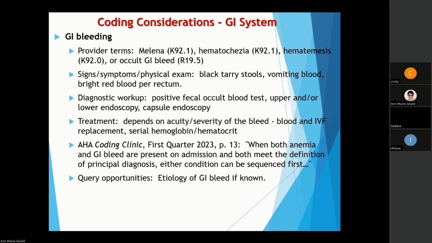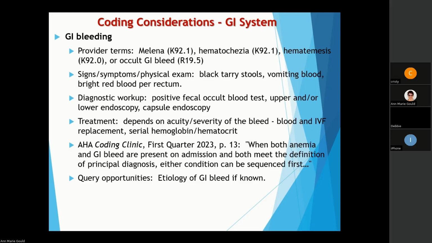Your AHA Coding Clinic, first quarter 2023, page 13, says when both anemia and GI bleed are present on admission and both meet the definition of principal diagnosis, either condition can be sequenced first. So sometimes in this scenario, I have used the acute blood loss anemia as the PDX on a couple of cases that I reviewed.